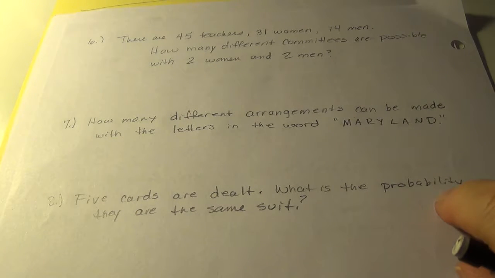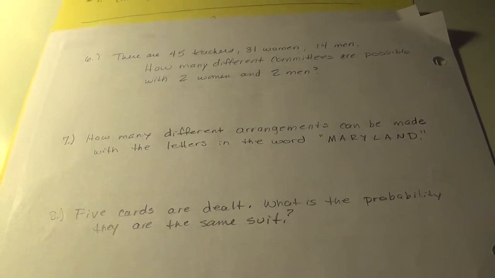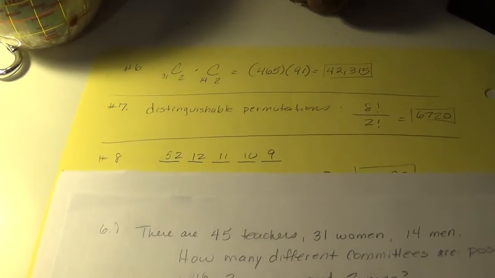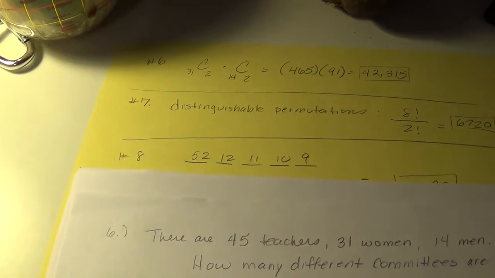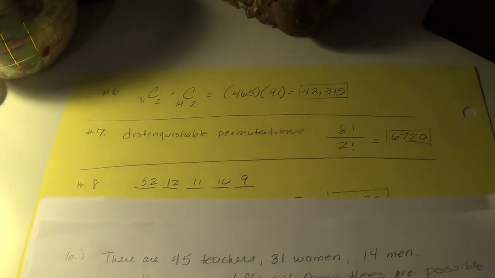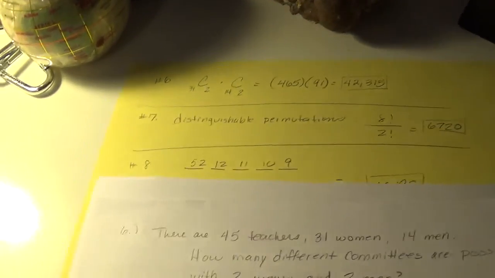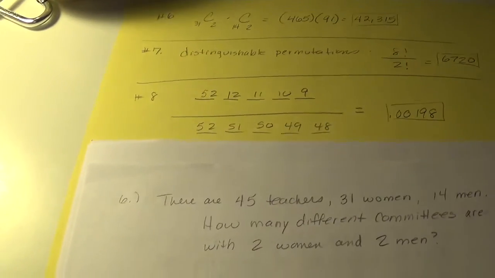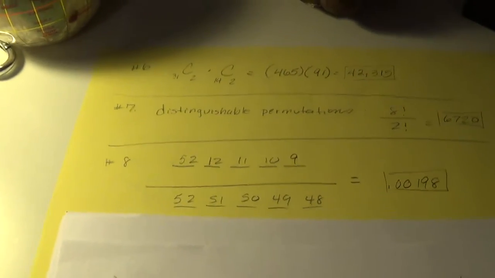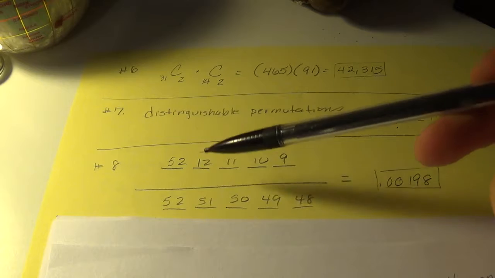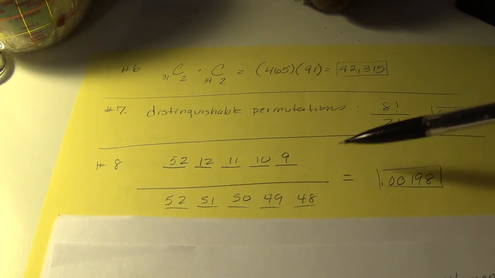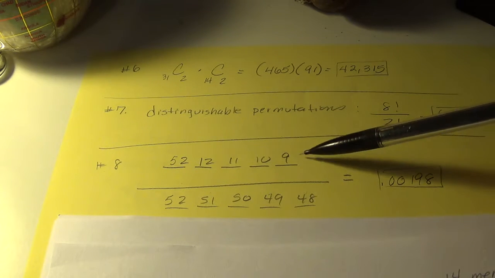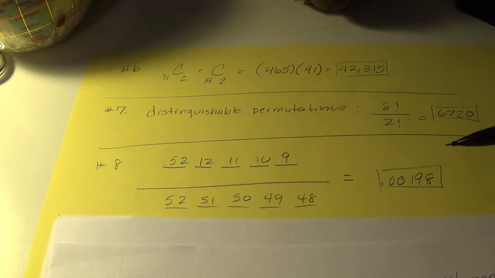There's 13 of each suit, so obviously I've picked 1, so then there's only 12, then 11, then 10, then 9. The probability will be set by dividing by all possible ways to fill in your hand with no restrictions. When you divide this product by this product, I got 0.00198.